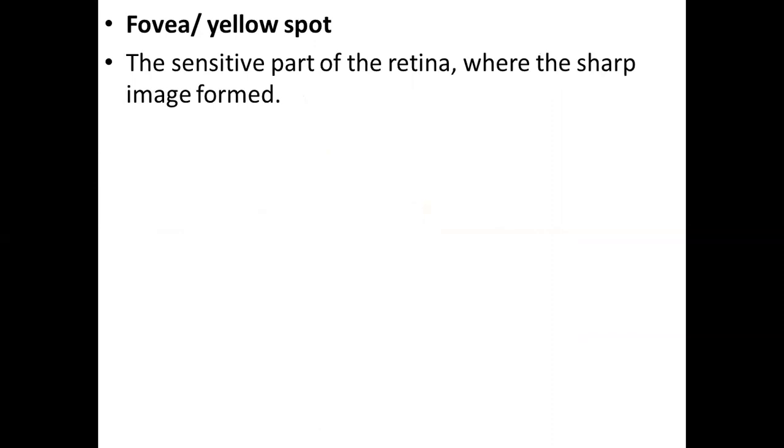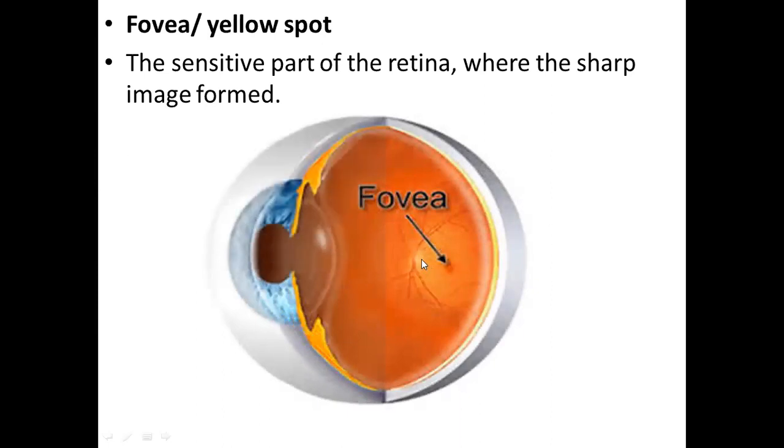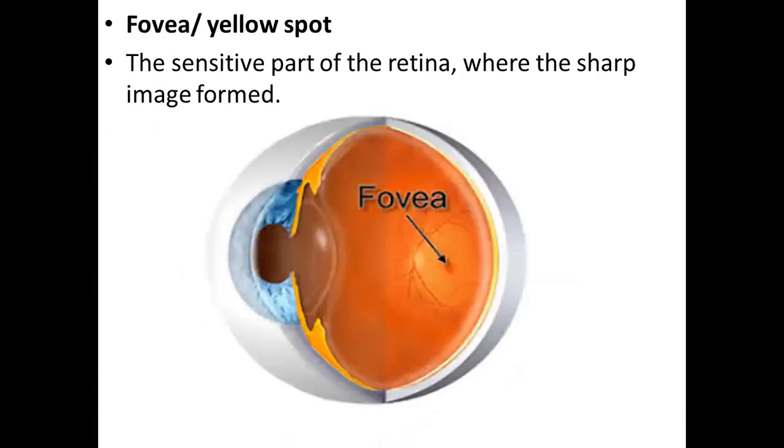For that there is another name. The image is sharp only when it forms here. Fovea. Another name for the yellow spot is fovea. Fovea means the sensitive part of the retina where the sharp image is formed.